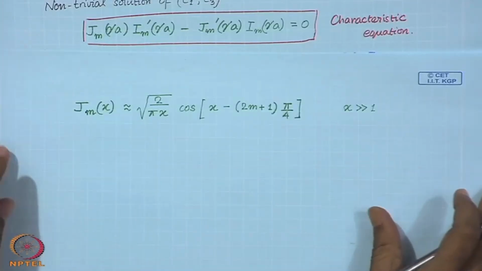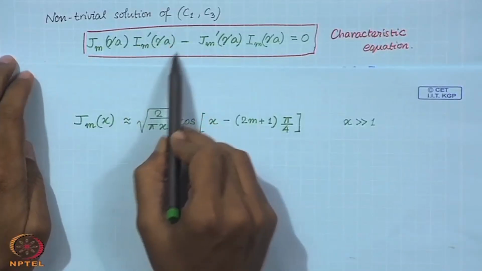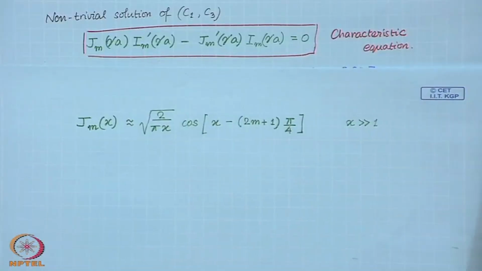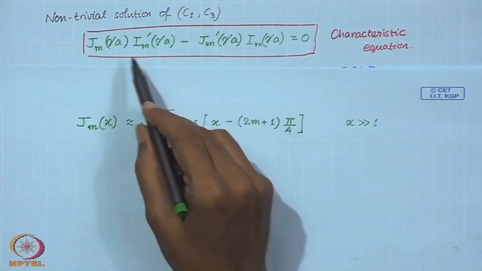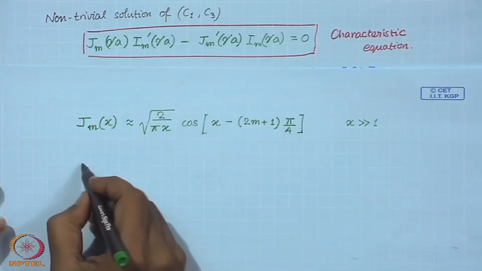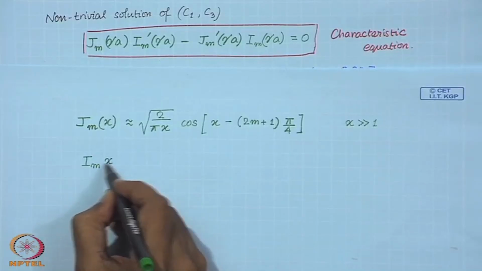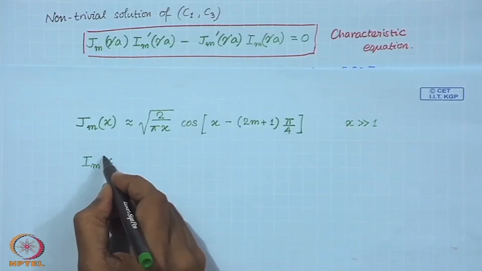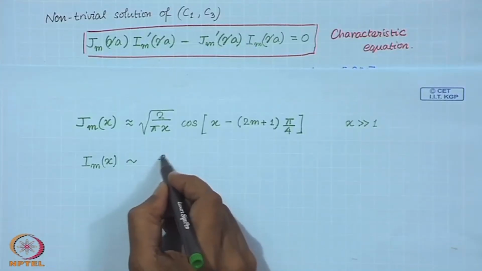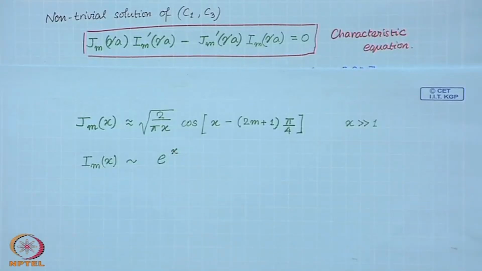Now, if you look at the function I, which is the modified Bessel function of the first kind, then this is an increasing function. This is proportional to exponential x.